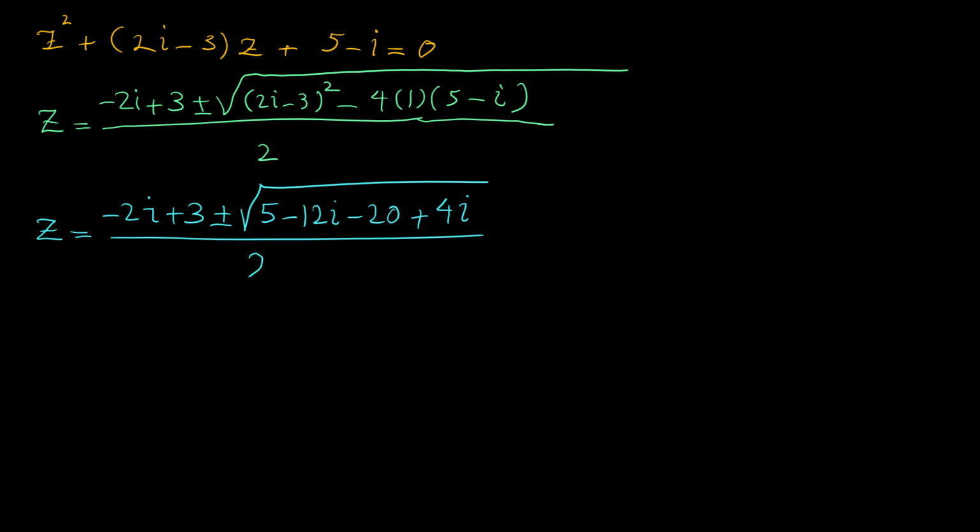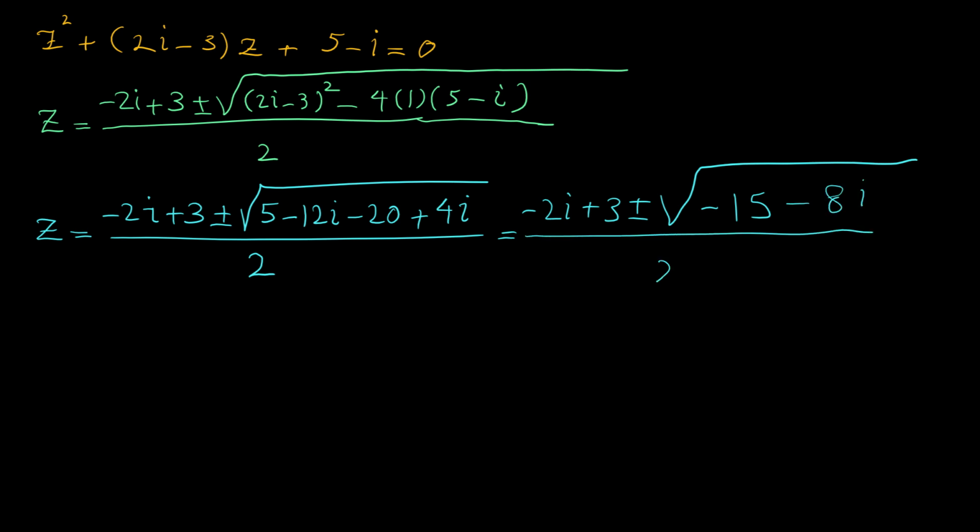And in the denominator we have 2. So this equals negative 2i plus 3 plus minus radical 5 minus 20, which is minus 15. And negative 12i plus 4i is minus 8i, all over 2.